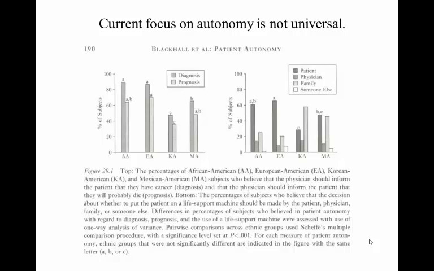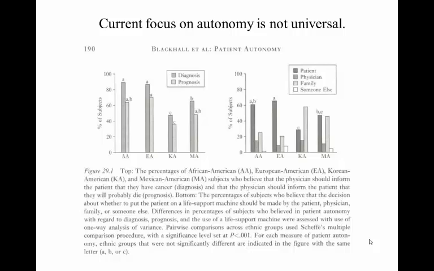What they found is that African Americans and European Americans made decisions in a very similar fashion. They wanted to be told the truth about their diagnosis. They wanted to be told the truth about their prognosis. And major decisions were to be made by the patient and not anyone else.